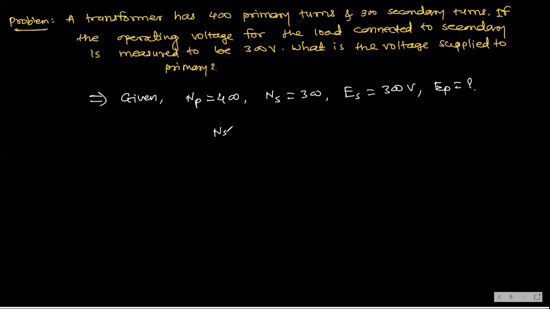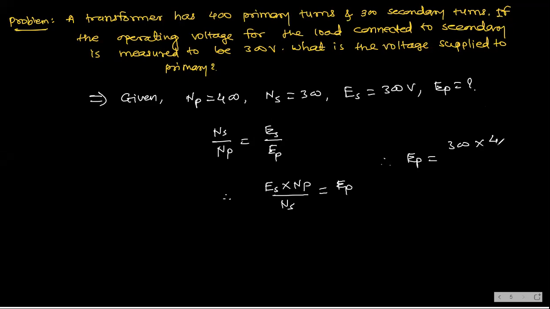NS by NP is equal to ES by EP, and therefore ES into NP divided by NS is equal to EP, and therefore EP is equal to 300 into 400 divided by 300.